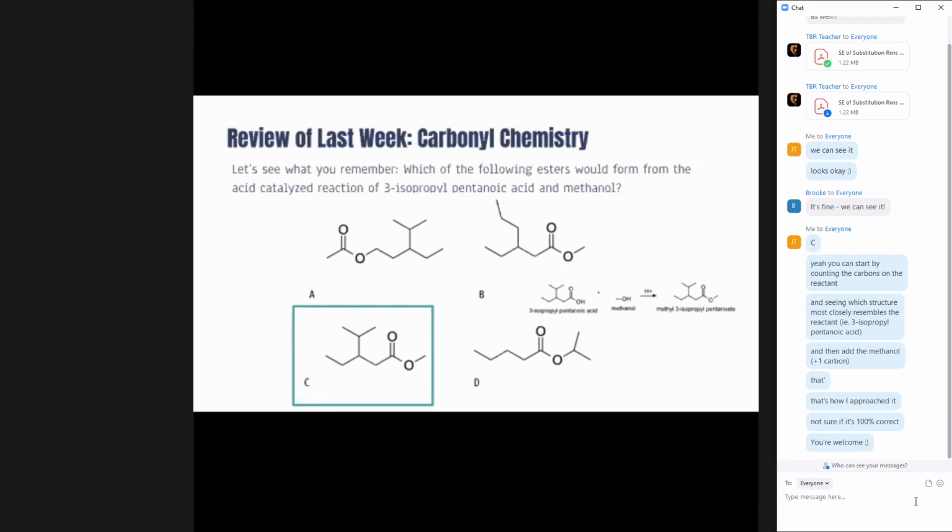I also have been told that another way to do it is you can see that there are a certain number of carbons in the name. So pentanoic acid, that's 5 carbons. And if you don't see any others with 5 carbons, they're not the right answer. And then count all the carbons in the reactants. And from there you have your answer. But it's pretty much Jonathan's method.